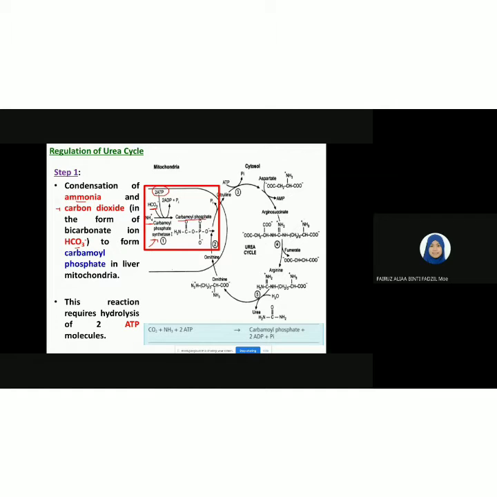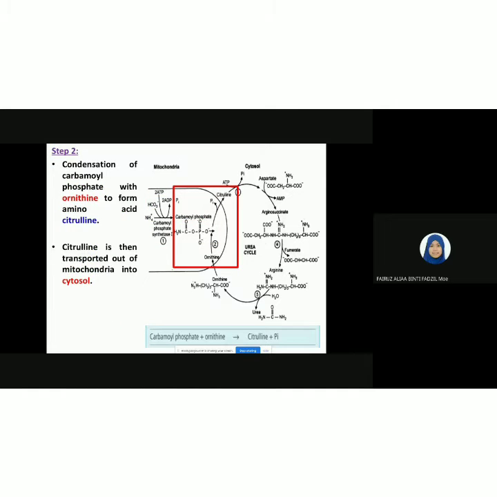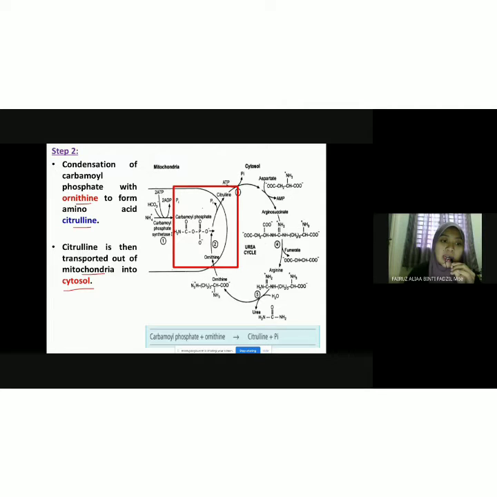Okay, so that's the first step. We go to the second step. In the second step, we have the carbonyl phosphate. We combine it with the ornithine, and it will become the citrulline. This happens in the mitochondria, then the citrulline will be transported out of the mitochondria into the cytosol. So you see the picture here, the carbonyl phosphate will combine with the ornithine and become the citrulline.